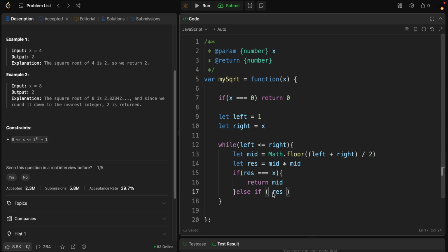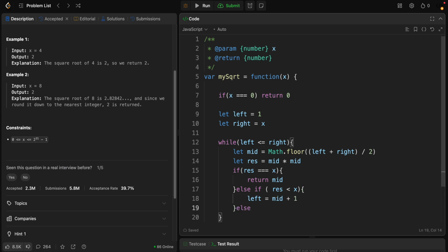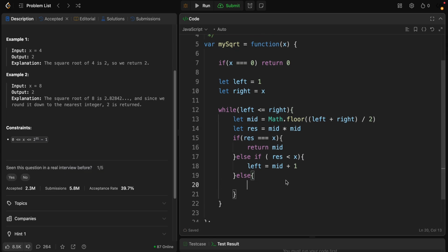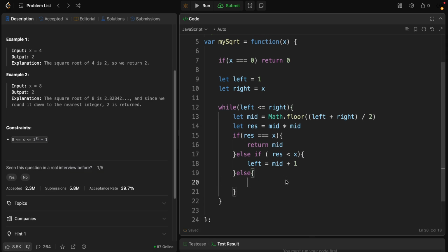If res is less than x, we will look for larger values, so we should move left. So left should equal mid plus 1, and else, which is the last case, if the res is bigger, we need to look for smaller values, so right should equal mid minus 1.